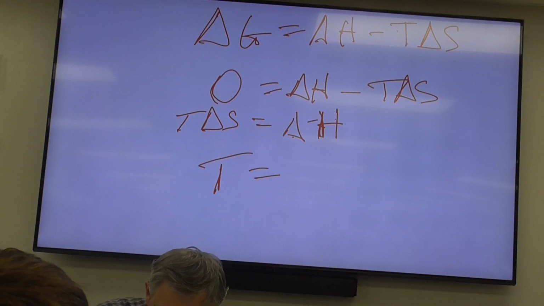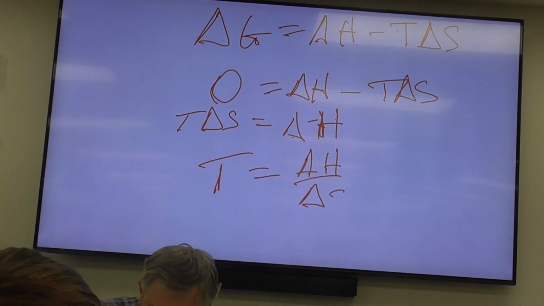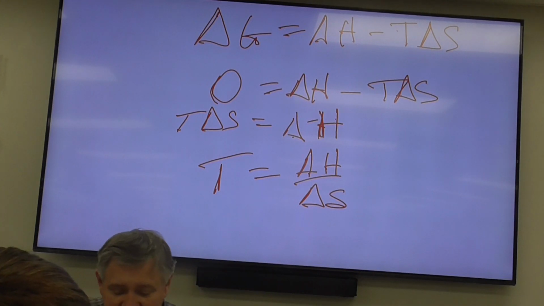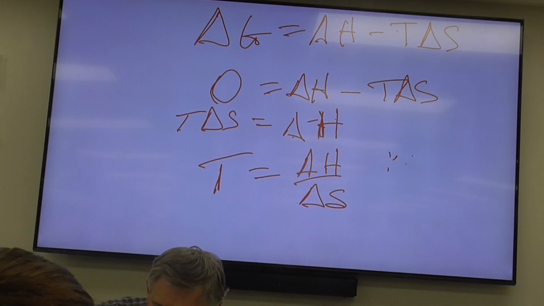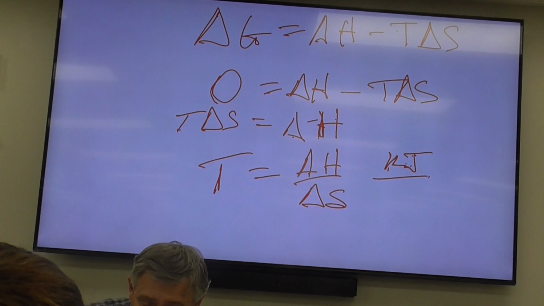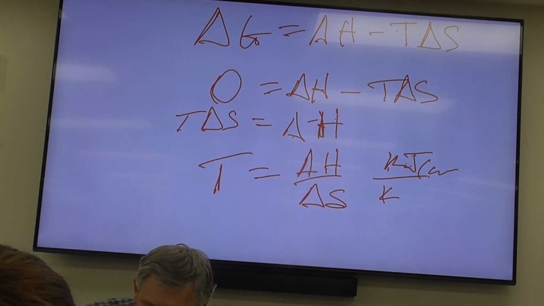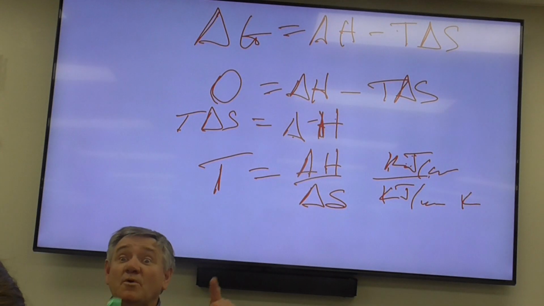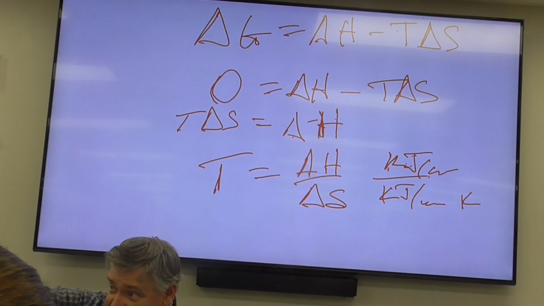And temperature is going to equal delta H over delta S. Okay, now let's look at the units. So delta H is in kilojoules, right? Delta S is in what? Kilojoules per mole Kelvin. Whoa, Kelvin flips up, we get temperature.